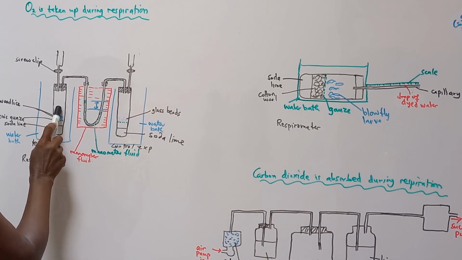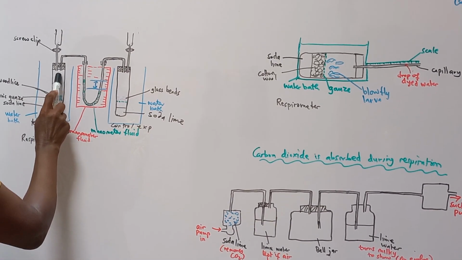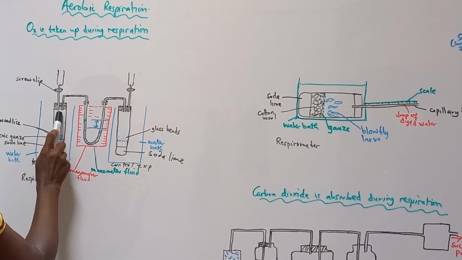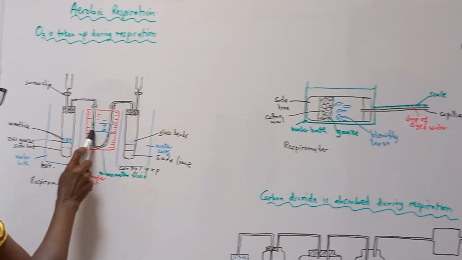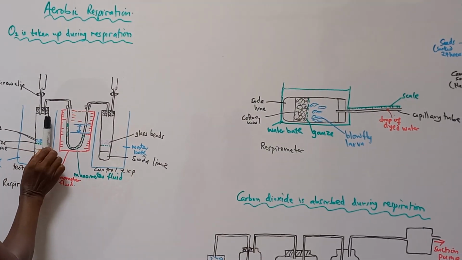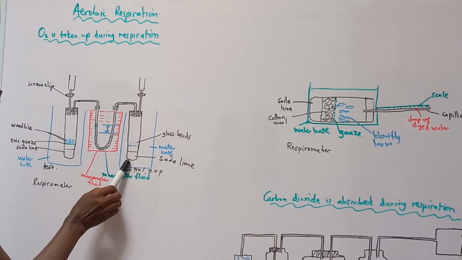So any small change in temperature will show in the expansion of gas in these tubes, and the expansion of gas in these tubes will be shown in the manometer level. So the two systems are put in the water bath at the same temperature.